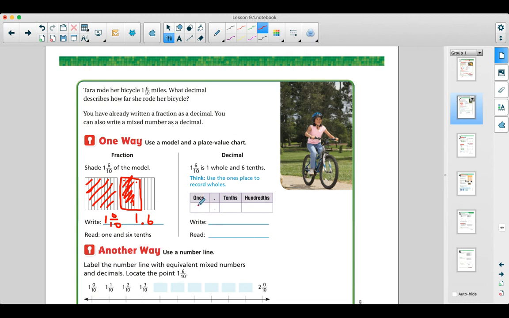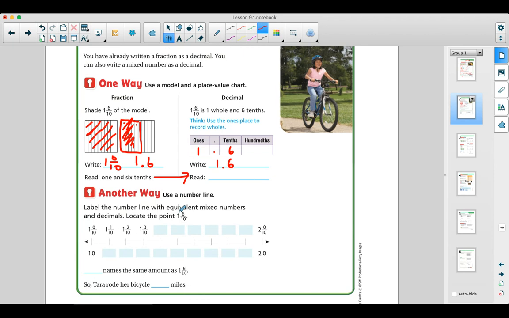So in the ones column, we put the whole number 1, decimal point, and in the tenths column, 6. So let's write it as 1.6, 1 6/10, and you read it the same way. You can write that in. They both read the same. They both mean the same. They're just written differently. You can also go on and use a number line.